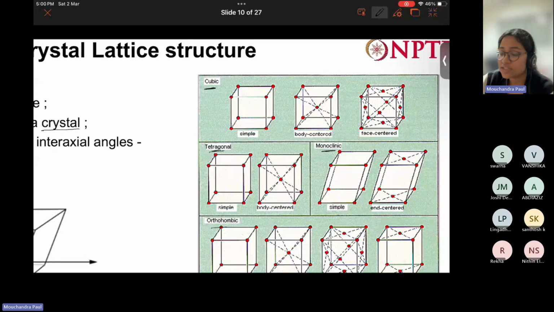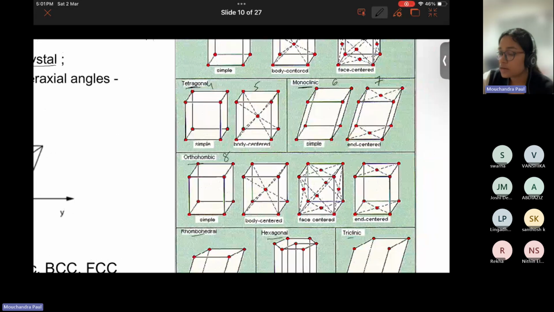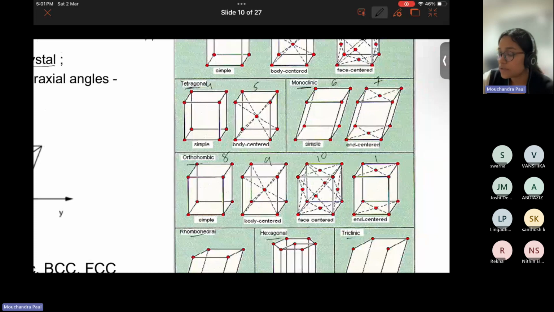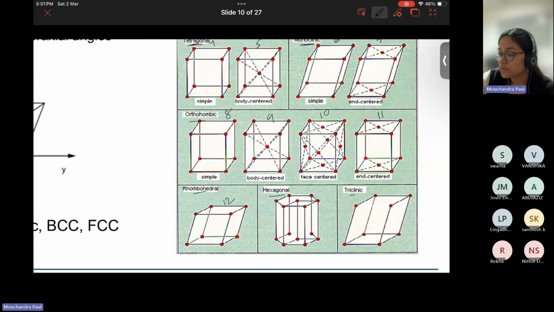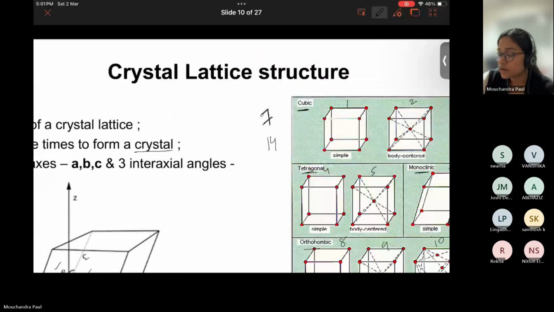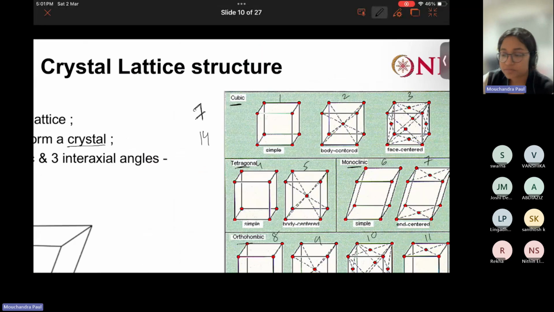There are 7 classes, and when we count how many types of unit cells are present in the diagram, we count 1, 2, 3, 4, 5, 6, 7, 8, 9, 10, 11, 12, 13, 14, and there are a total of 14 types of unit cells.